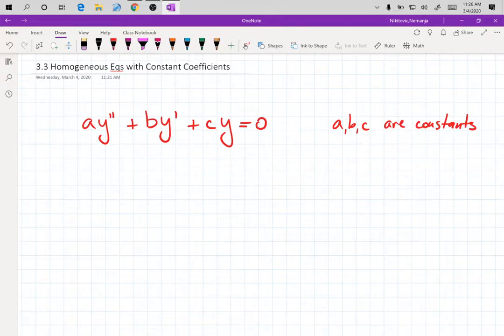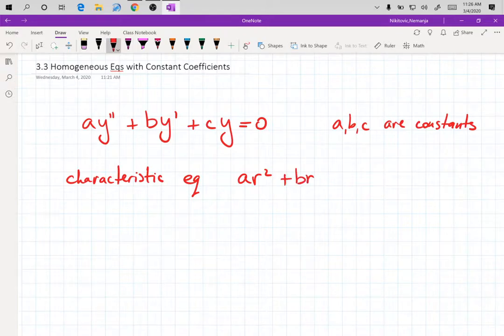Now, the way to solve this was we create what we called the characteristic equation, and that is a r squared plus b r plus c equals 0. The characteristic equation will have 3 possible types of answers. So I am going to do that color-coded.